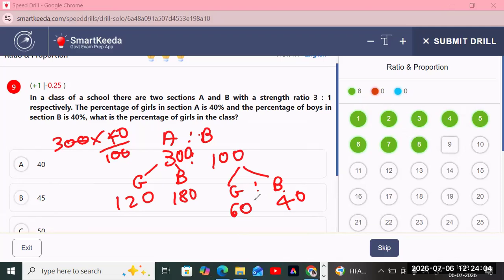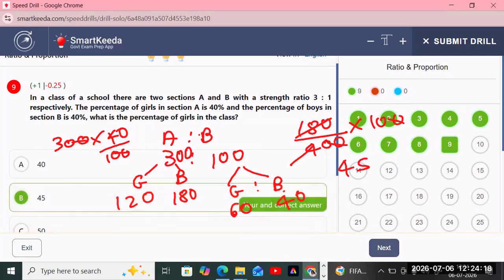Find the percentage of girls in the class. The total girls चाहिए 1.0 upon 400, 45. 45. Next.